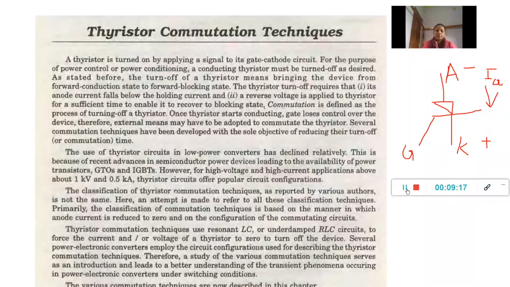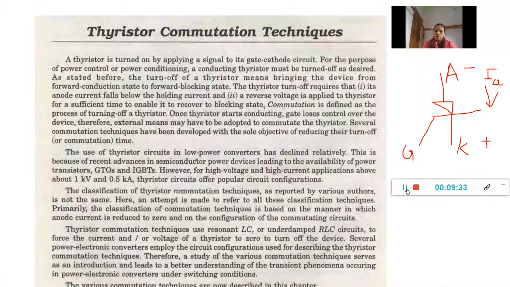On what basis do these thyristor commutation techniques come? The basis is that thyristor commutation techniques use resonant LC and underdamped RLC circuits.